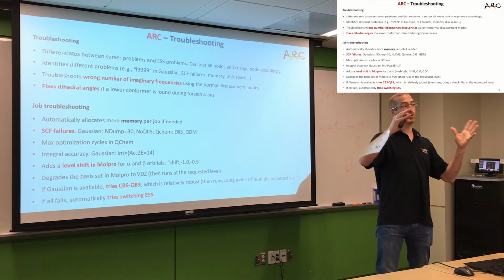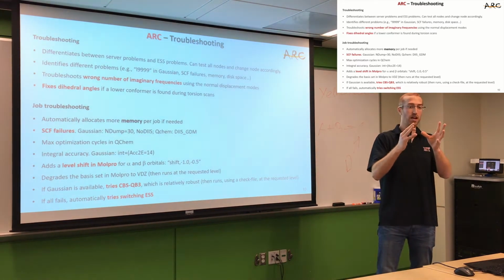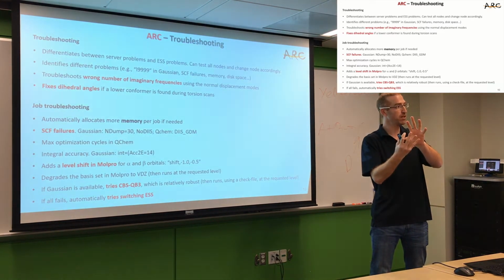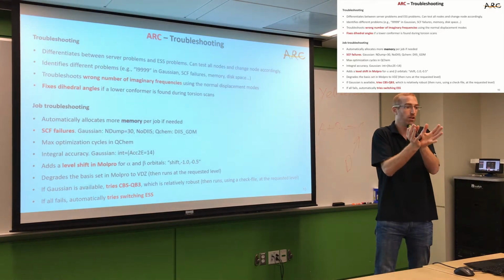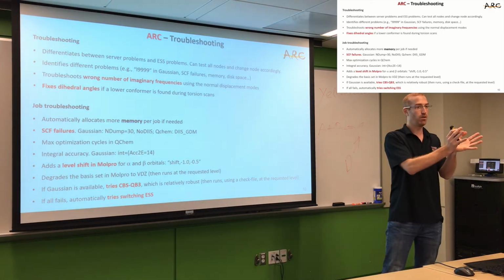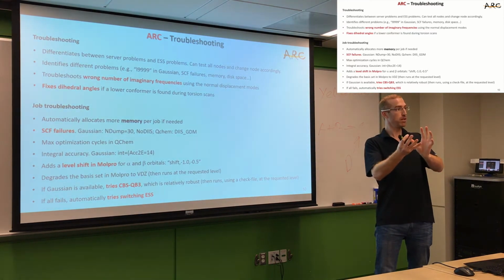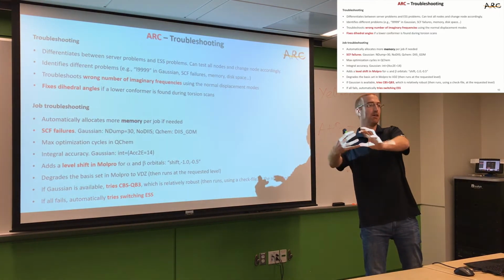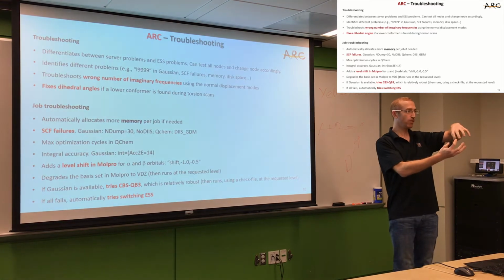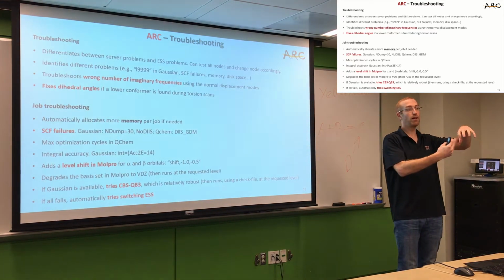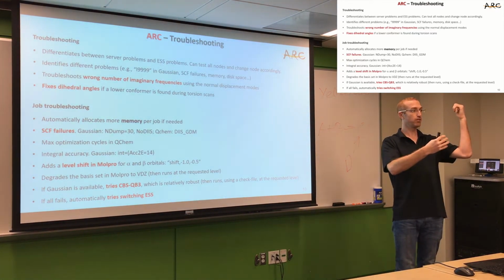Usually it works great in reverse, right? I think Gaussian has a robust optimizer. If your level of theory can only work in QChem, we'll try using Gaussian, we'll try using even CBS-QB3 because it's robust. Once we get the geometry, we'll plug it into the original level of theory that you cared about, so we'll have a better guess than just the force field conformer.